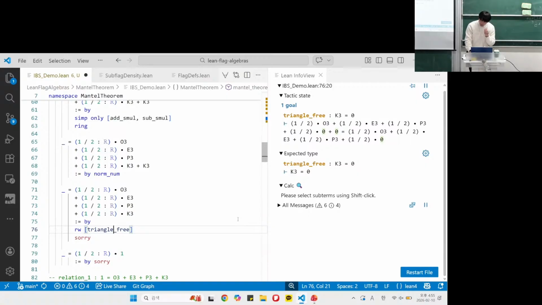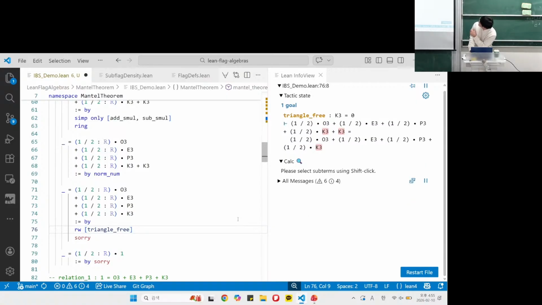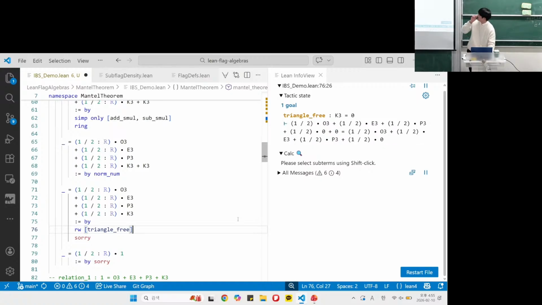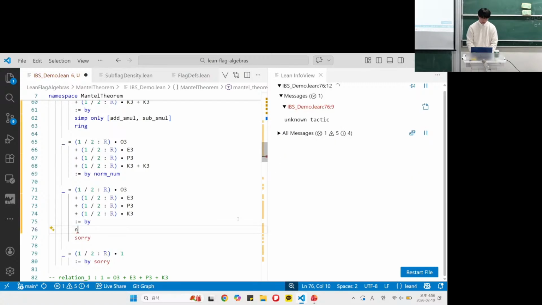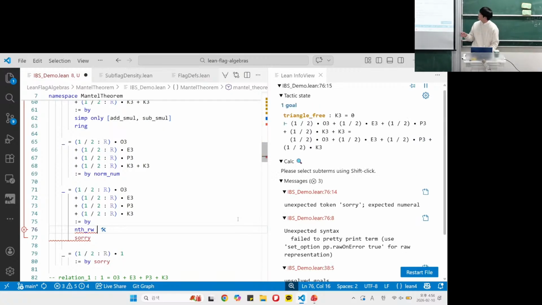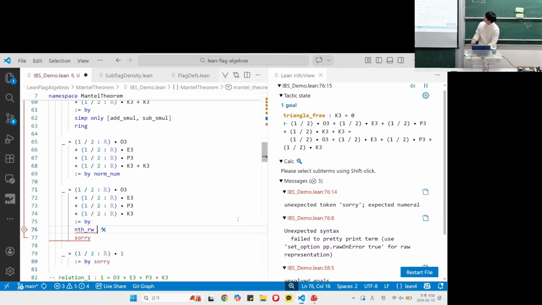But you can see that this command rewrites all of k3 in the goal. So we have to use another tactic called nth_rewrite. This tactic allows us to pick specific expressions that we want to rewrite.